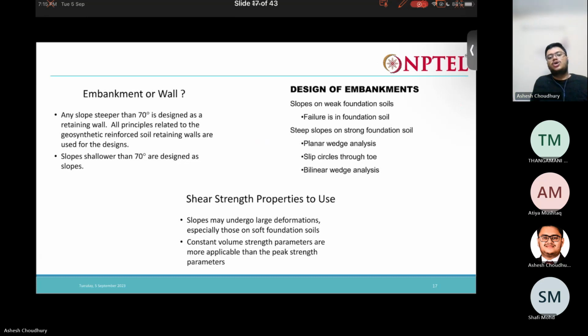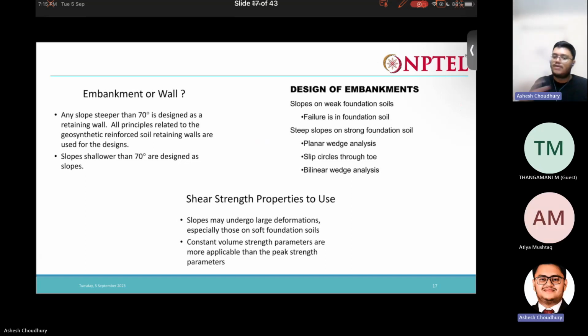Okay, so for the design of embankments, we need to keep in mind some things. Generally slopes might be on weak foundations, right? The foundation soils over which the slope is formed are generally weak. In that case, the failure is actually of the foundation.